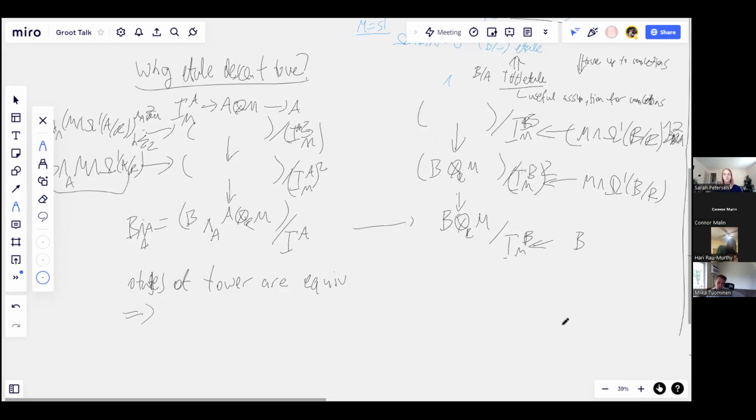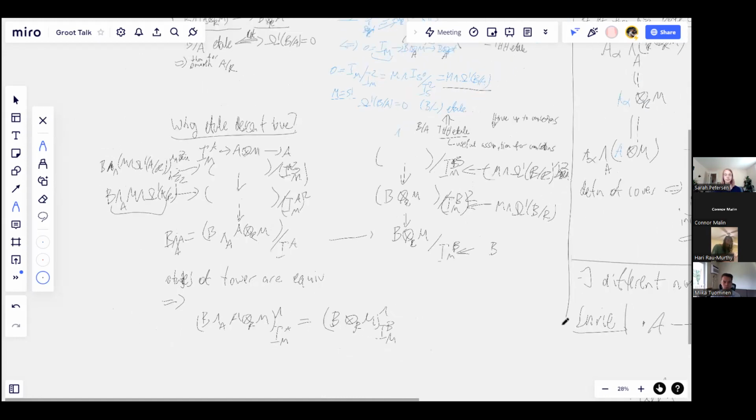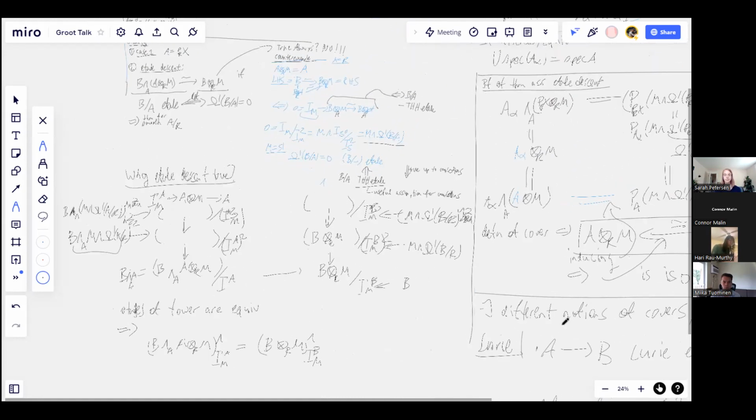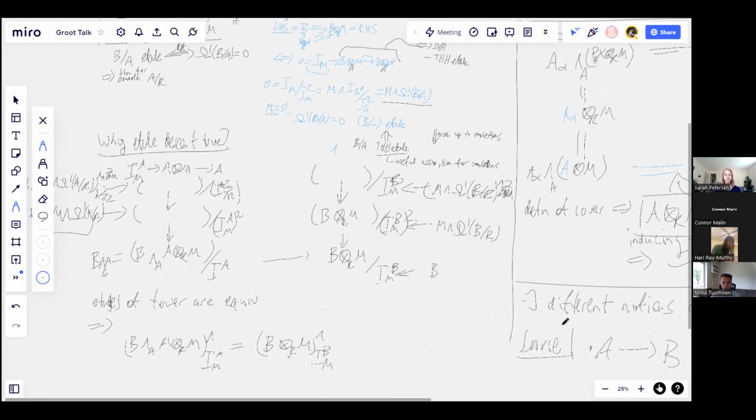So that implies that the completions of both of these are the same, equals the completion of B tensor R M. Which raises a point: I don't actually know that the étale descent holds. I only know that it's true up to completion.